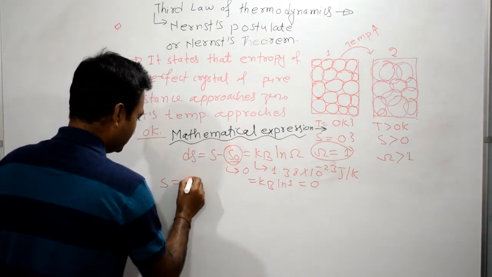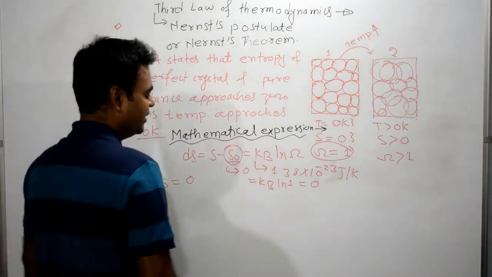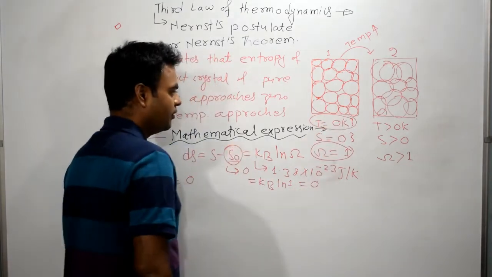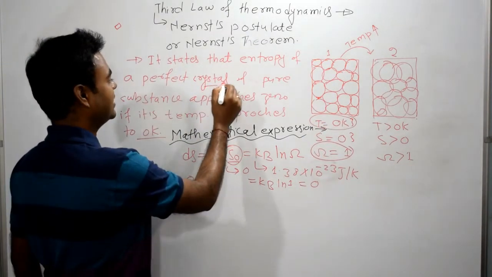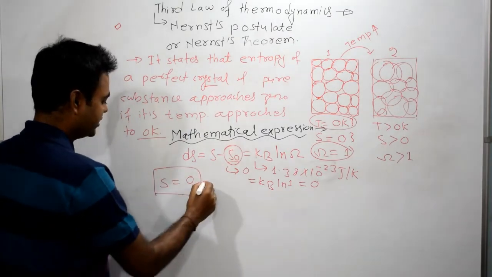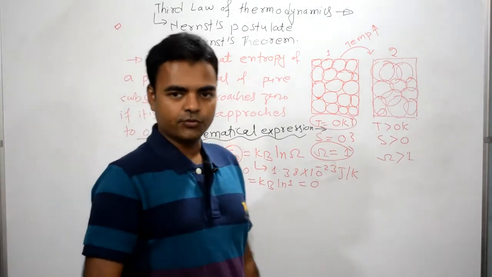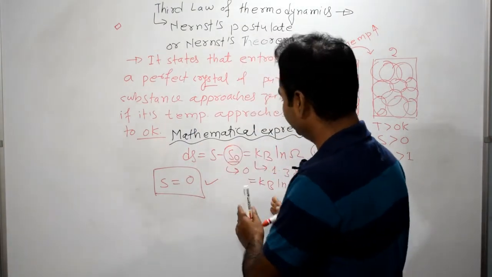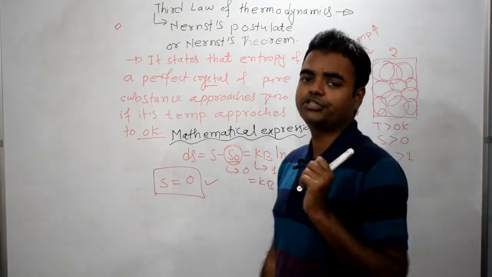Therefore S is equal to 0. Therefore we can say that whenever we get the condition of 0 Kelvin for a perfect crystal of pure substance, we get entropy equal to 0. So what I have written in the definition, we have proved by using a mathematical expression.